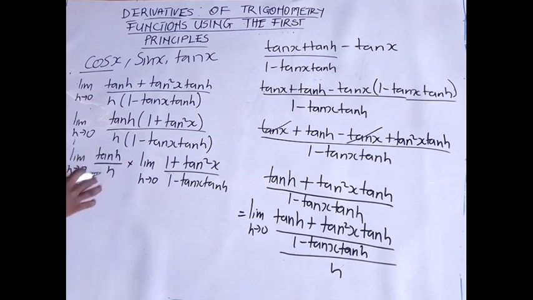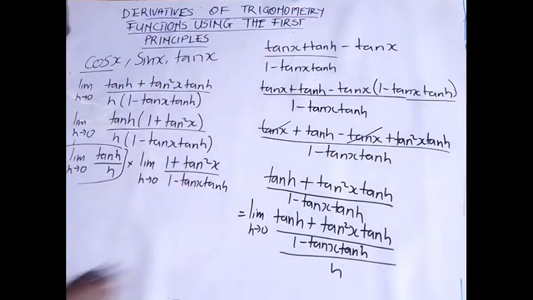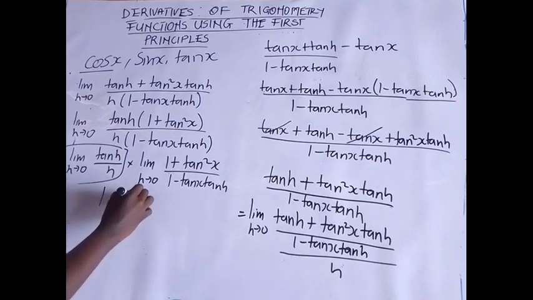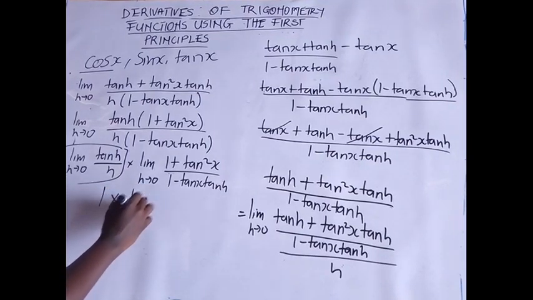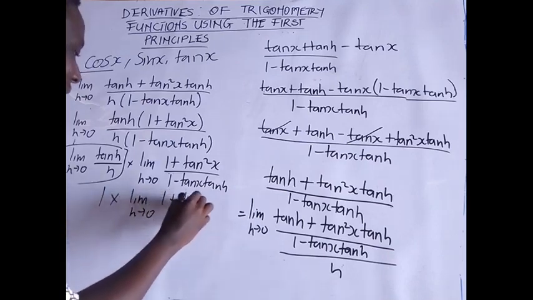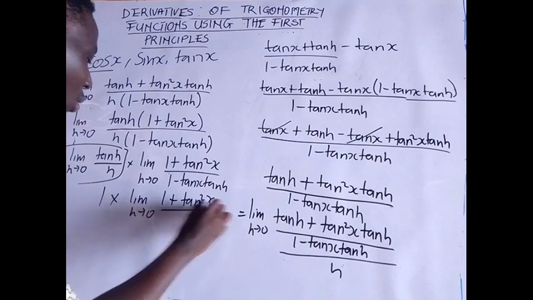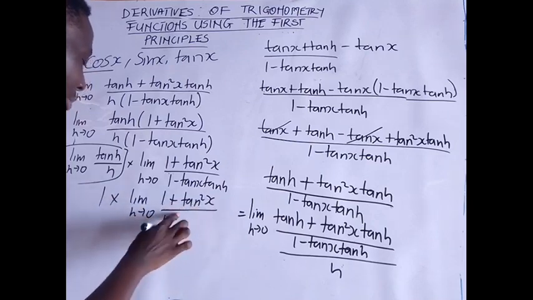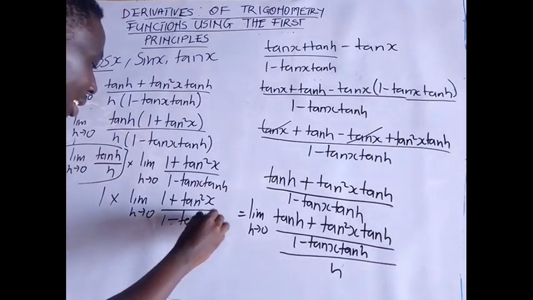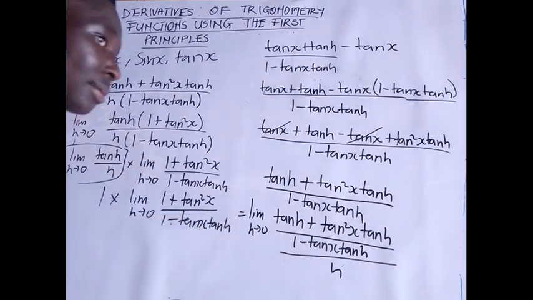So tan h over h, we can do it the same as what we had at the first one. So it was 1, times the limit as h approaches 0 of 1 plus tan square x all over 1 minus tan x tan h.